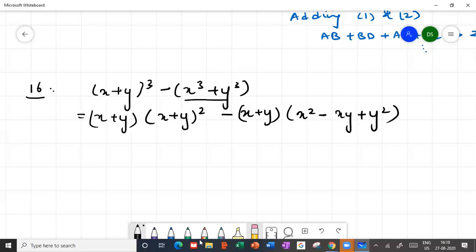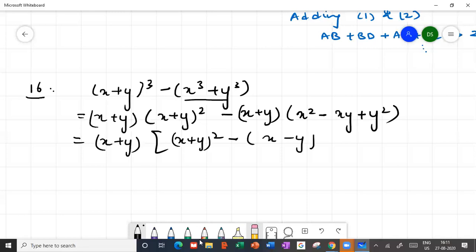Correct. Then I can write this as (x plus y), I'll take it common, (x plus y) whole square minus, done, this is what, (x minus y) whole square. No, ma'am, because it is not minus 2xy. Oh, sorry, my bad. I really have to revise polynomials.